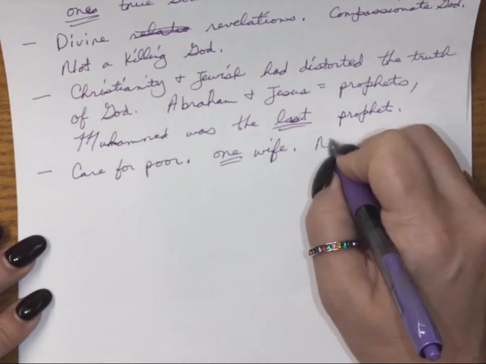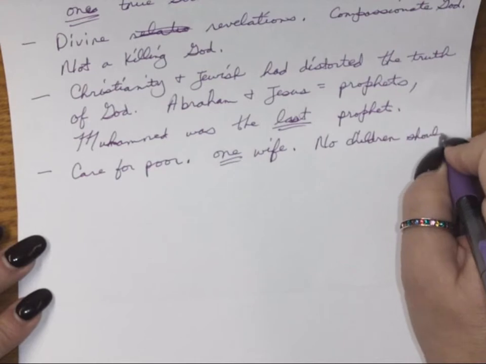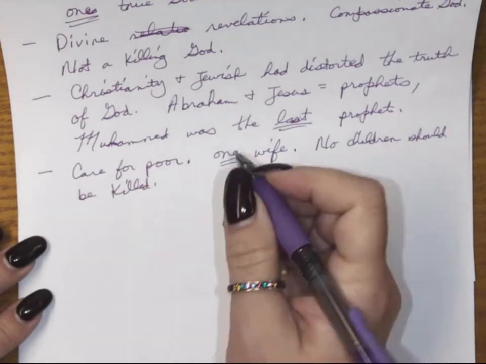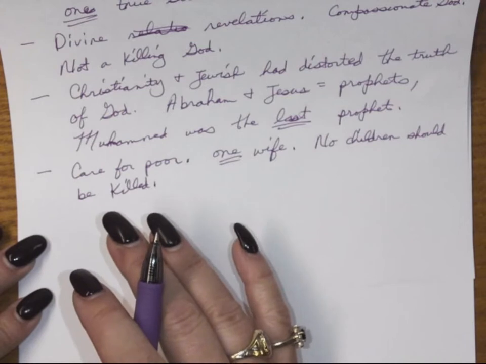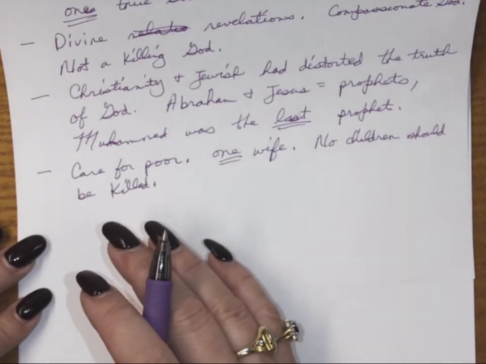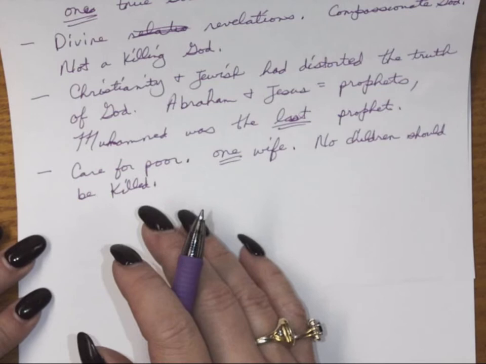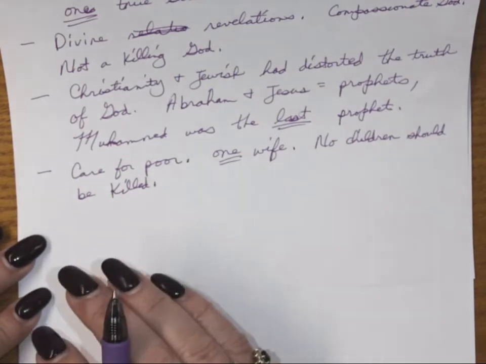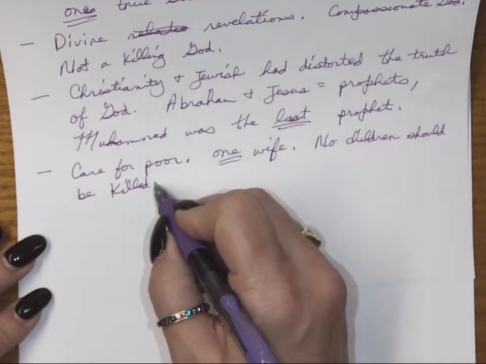He thought that no children should be killed. Now, for us, that probably sounds normal. We wouldn't take a kid and take them out and kill them. But what happened was, in that day, if a child was born with a birth defect, and it was determined that that birth defect would negatively impact the quality of life for that child, if it was going to put a burden upon the tribe, that kind of thing, then they would take that child out and kill them rather than have to provide for that child.